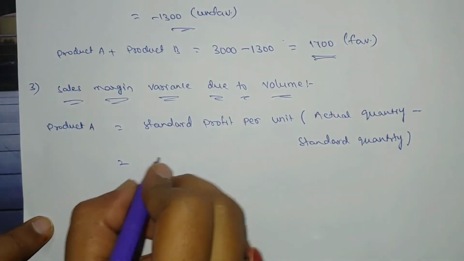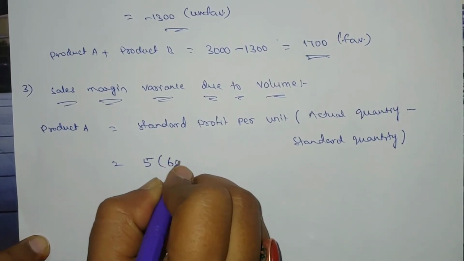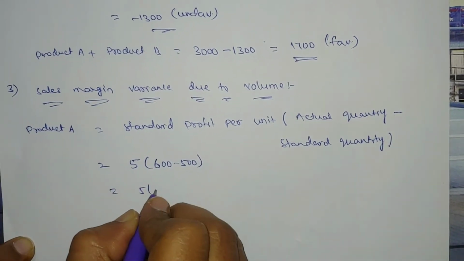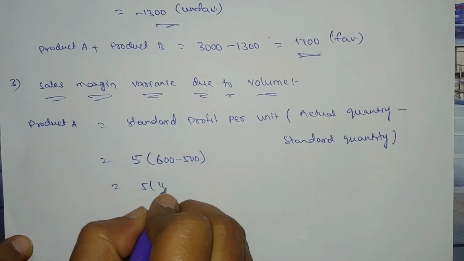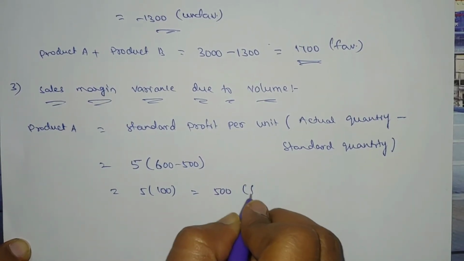Equal to standard profit 5 into 600 minus 500. 5 into 100 is equal to 500. It is favorable.